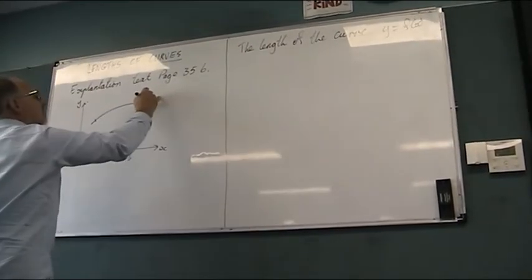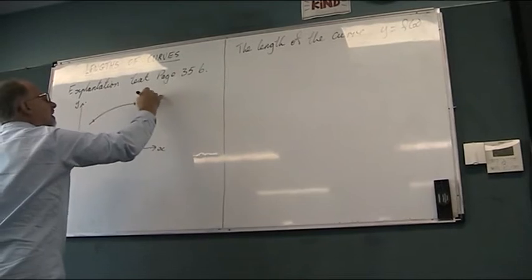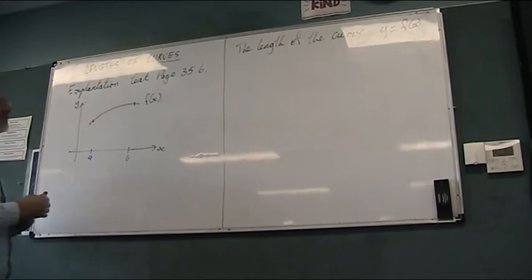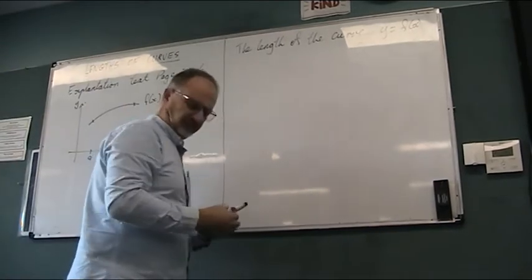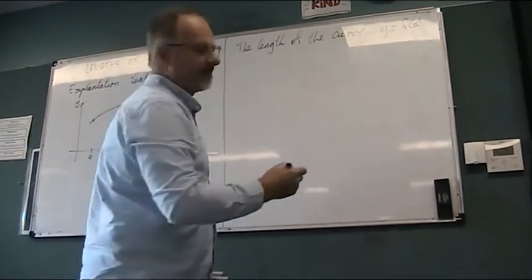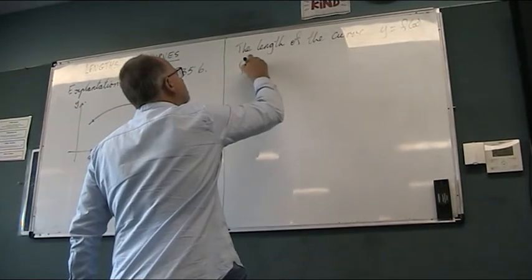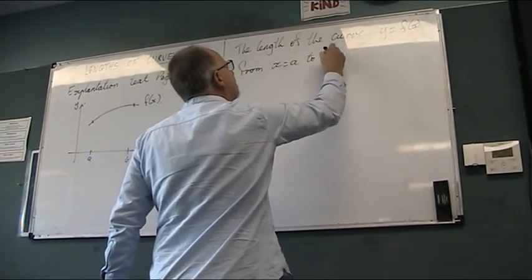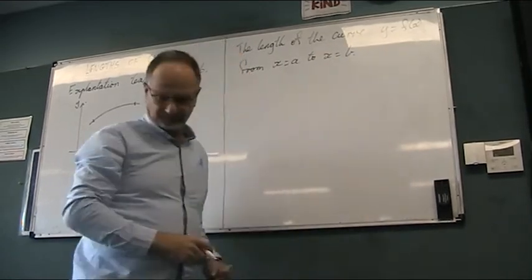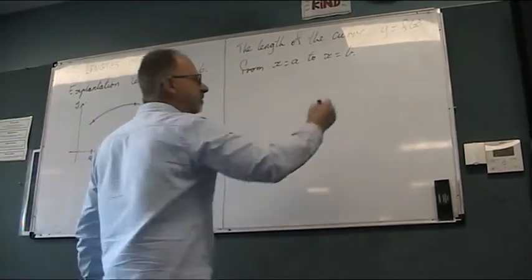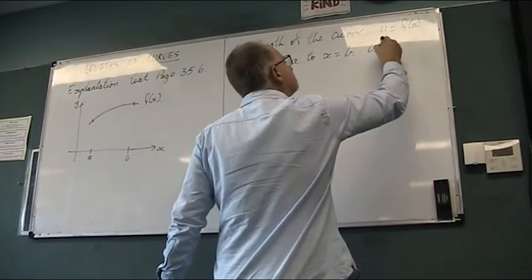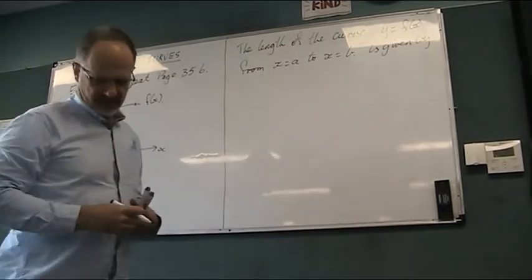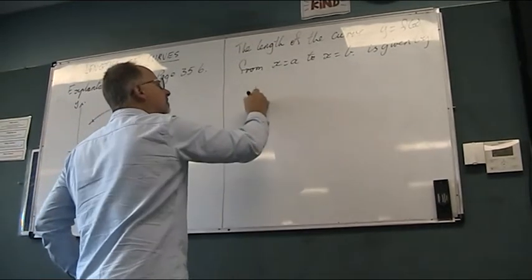So f(x) is that function, and the length of the curve is the red bit, from x equals a to x equals b, is given by L equals.